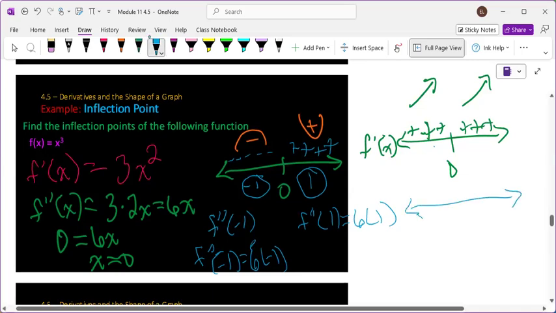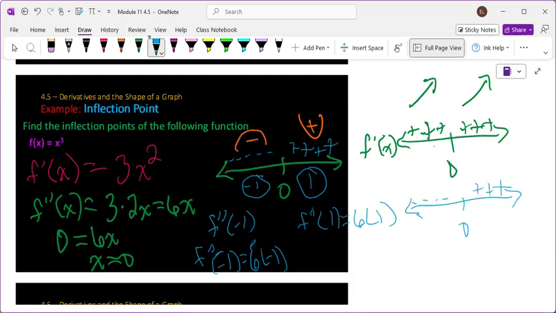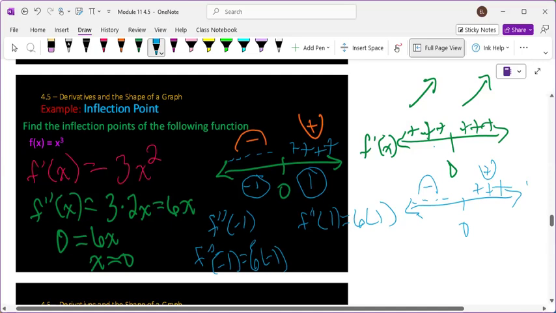And now my second derivative test is telling me it's going from negative concavity to positive concavity. I'll lay that on this side.